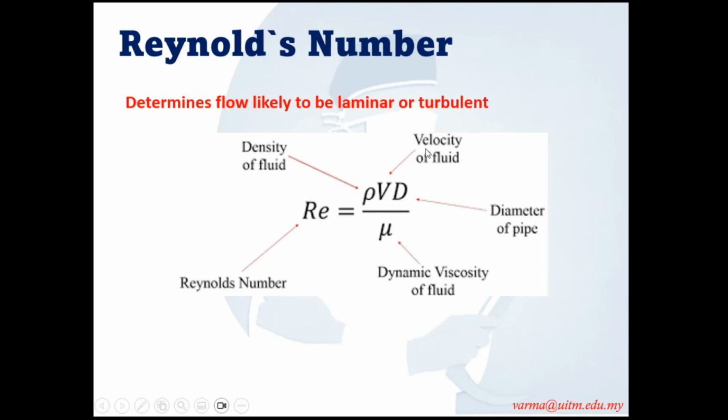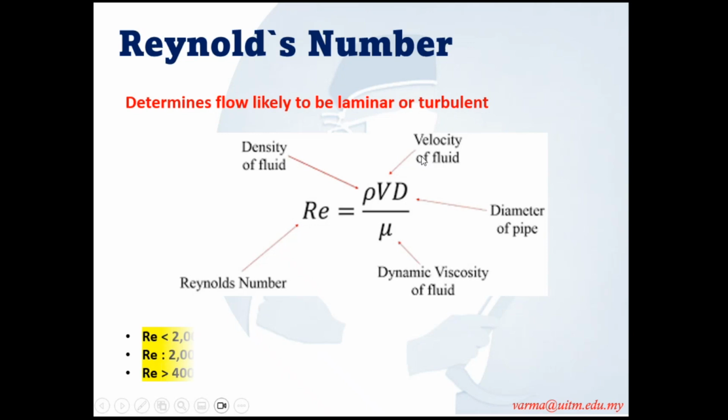So velocity is up, viscosity is down. So it's going to tell you, if the fluid is very dense, the Re is going to be higher. If the fluid is moving at a very high velocity, the Reynolds number is going to be higher. If the diameter of the pipe is bigger, it's going to cause a higher Reynolds number. Or if the viscosity is high, then it's going to reduce the Reynolds number. So this is inversely proportional.